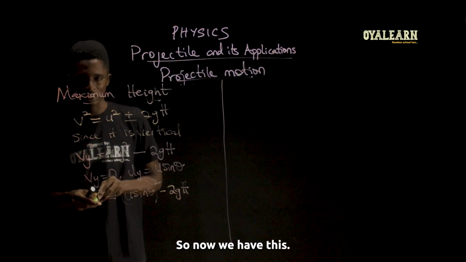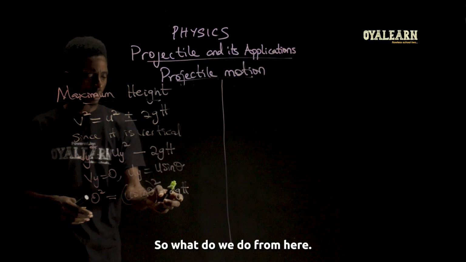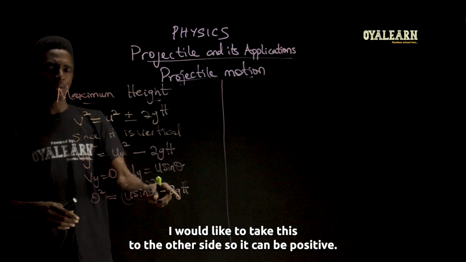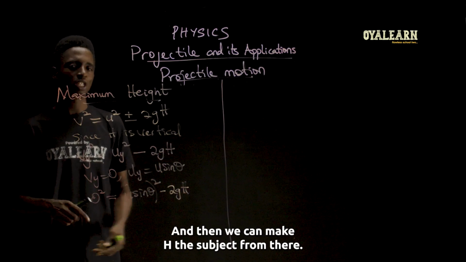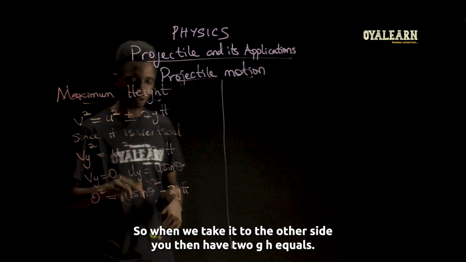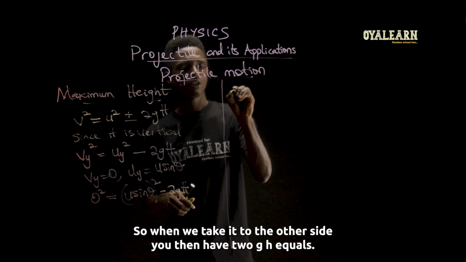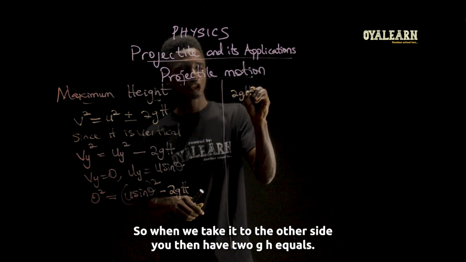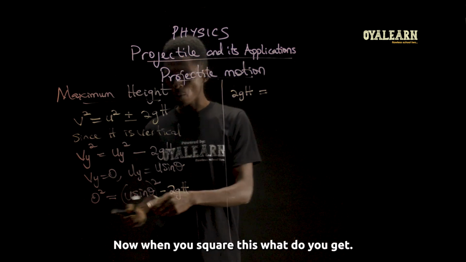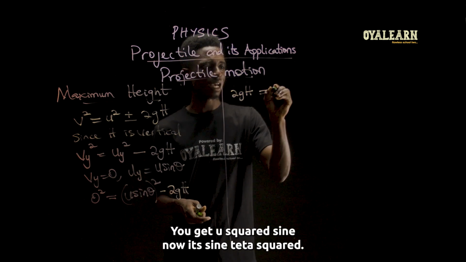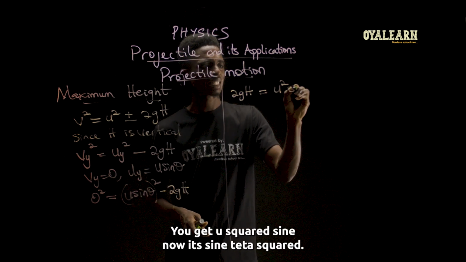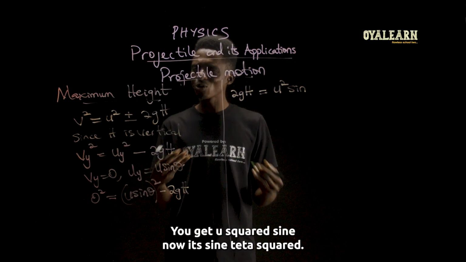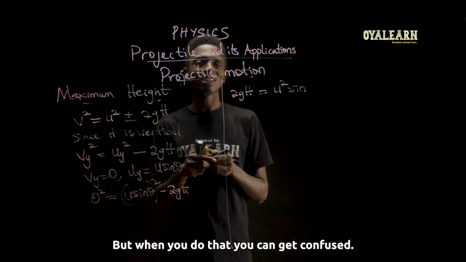So now we have this. What do we do from here? I would like to take this to the other side so it can be positive, and then we can make H the subject. So when we take it to the other side, you have 2GH equals, now when you square this, what do you get? You get U squared sine theta squared, but when you do that, you can get confused.